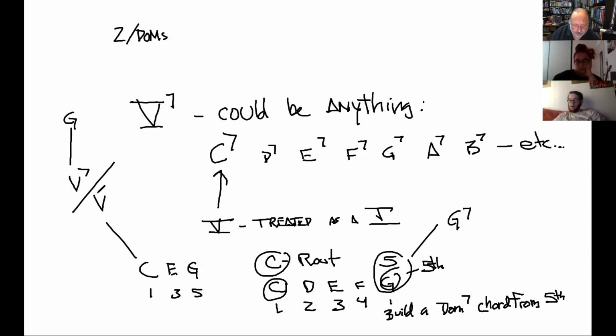So C7, our 5 chord of 5 of C is G. So 5 of 5.